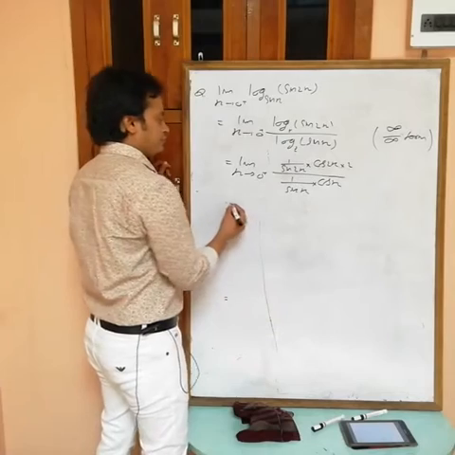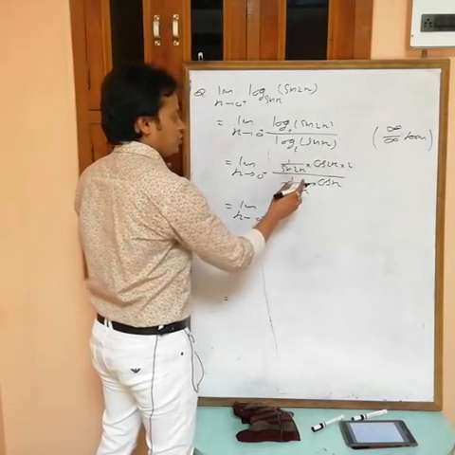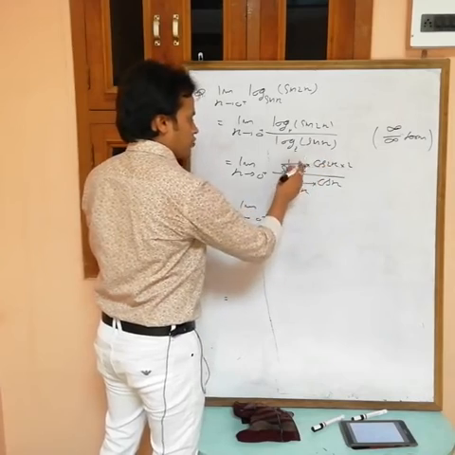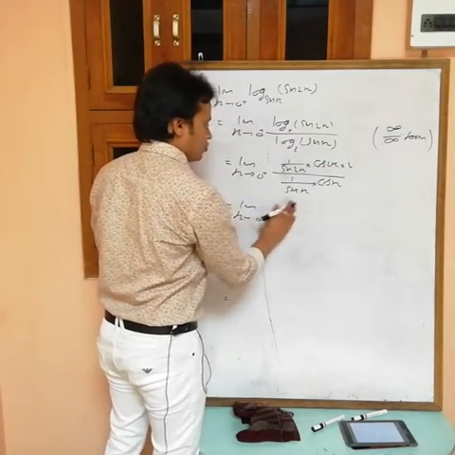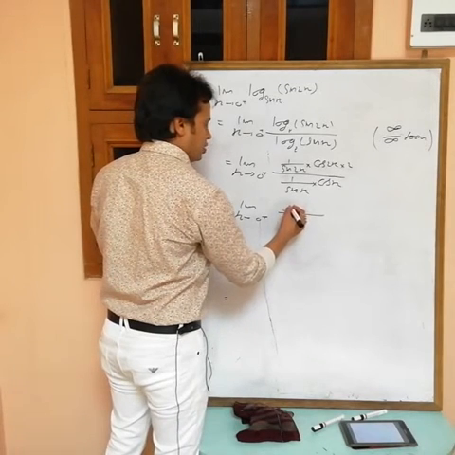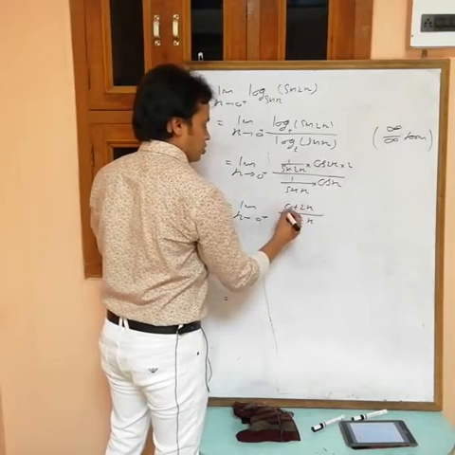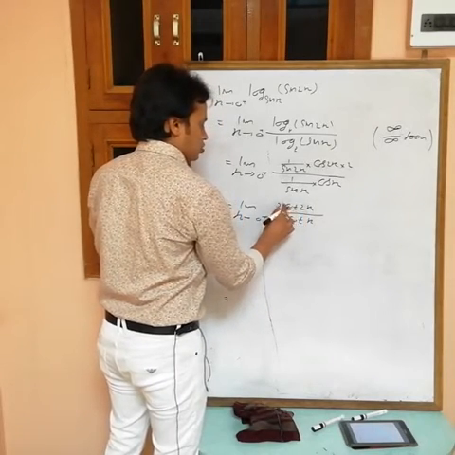Then limit x tending to 0 plus, here cos 2x by sine 2x is cot 2x, and cot x in the numerator. Here I am writing cot 2x and cot x here into 2 also.